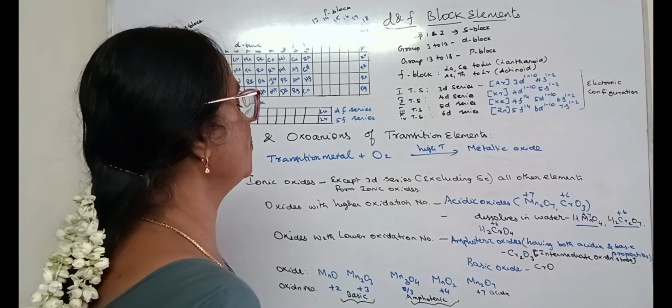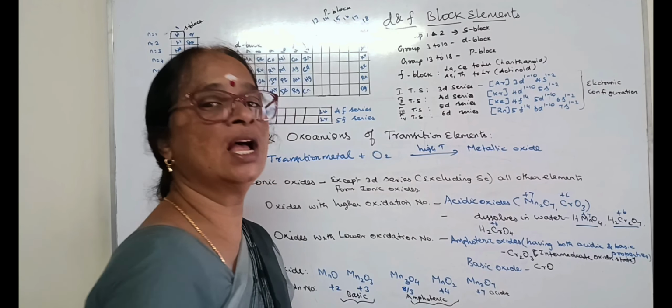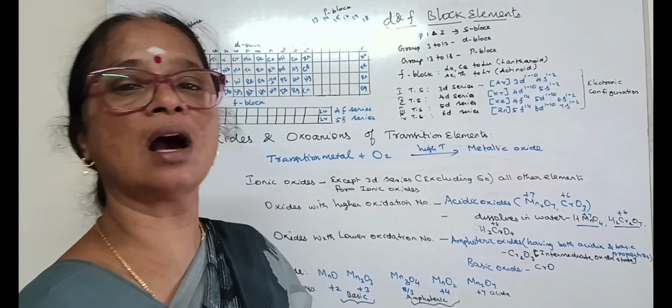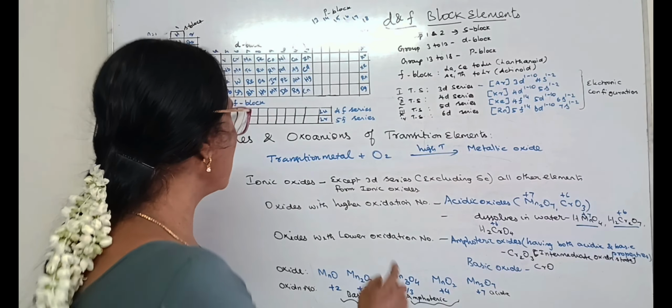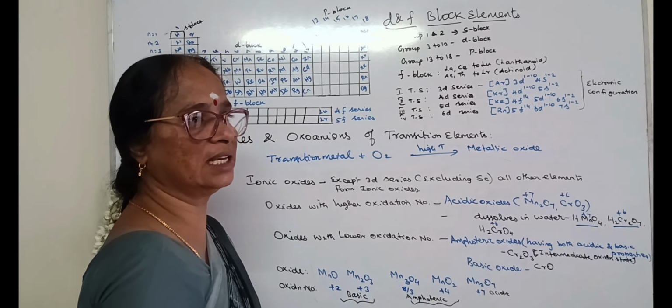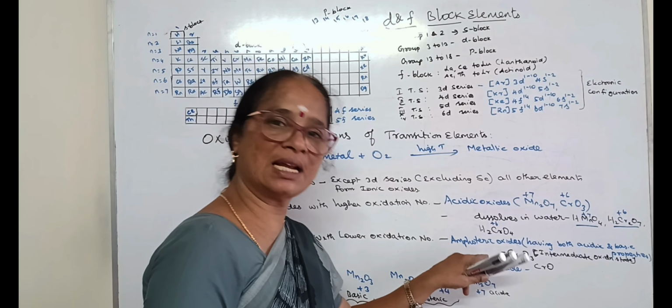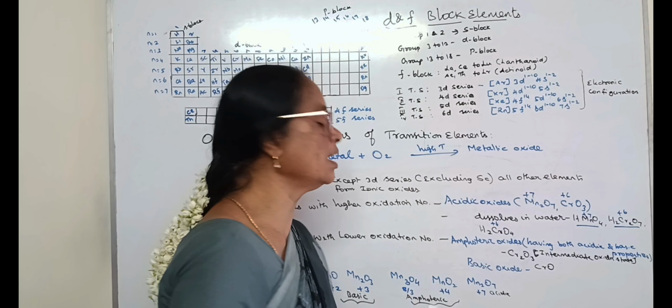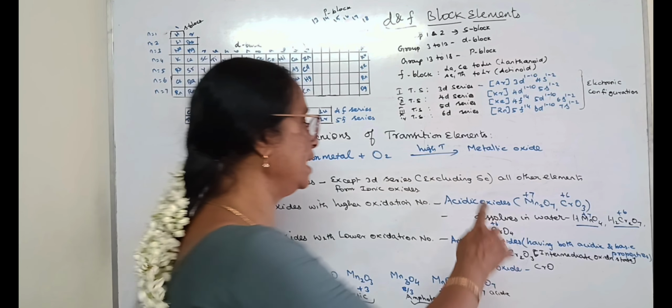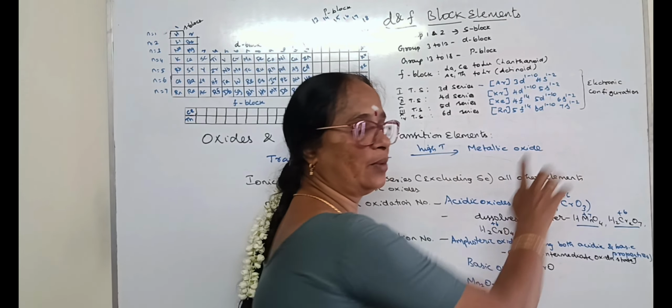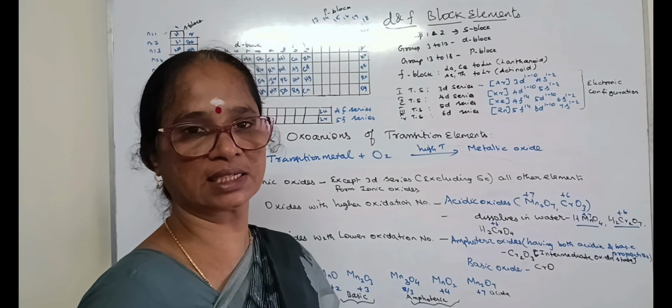Now let us classify what kind of oxides may be acidic, basic or amphoteric. The oxides with the lower oxidation number might be either amphoteric oxides or even basic oxides. For an acidic oxide, the element should always be in its higher oxidation state.